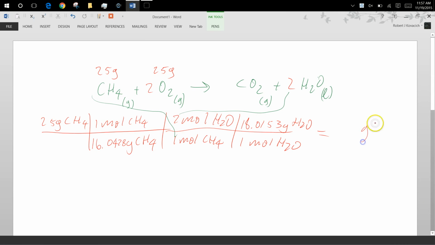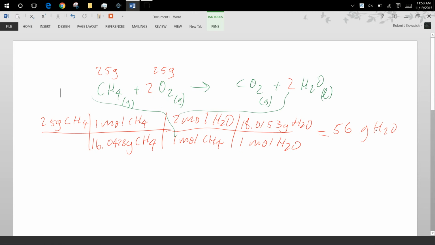Then this is going to be a number of grams of water. So 25 divided by that 16 number times 2 times my 18 number, and I get 56 grams. What this is saying is, if I start with 25 grams of methane and I have as much oxygen as I need, I can make 56 grams of water.